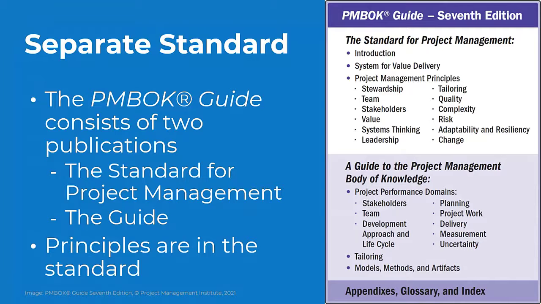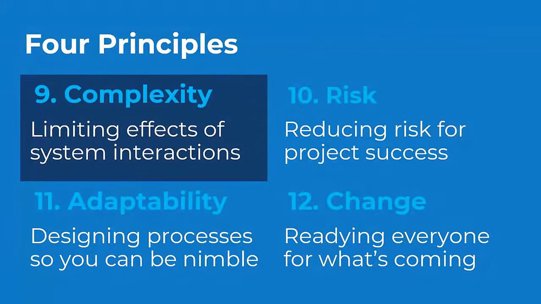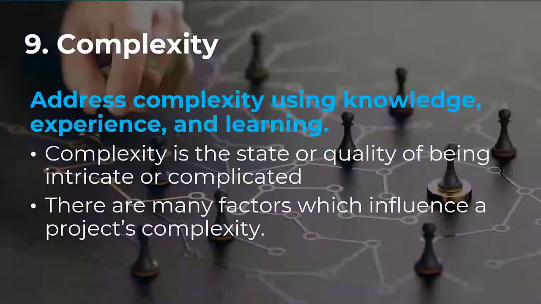All right, and with that quick clarification out of the way, let's get going with the next 4 principles: complexity, risk, adaptability, and change, beginning with complexity, where we talk about limiting the effects of system interaction.